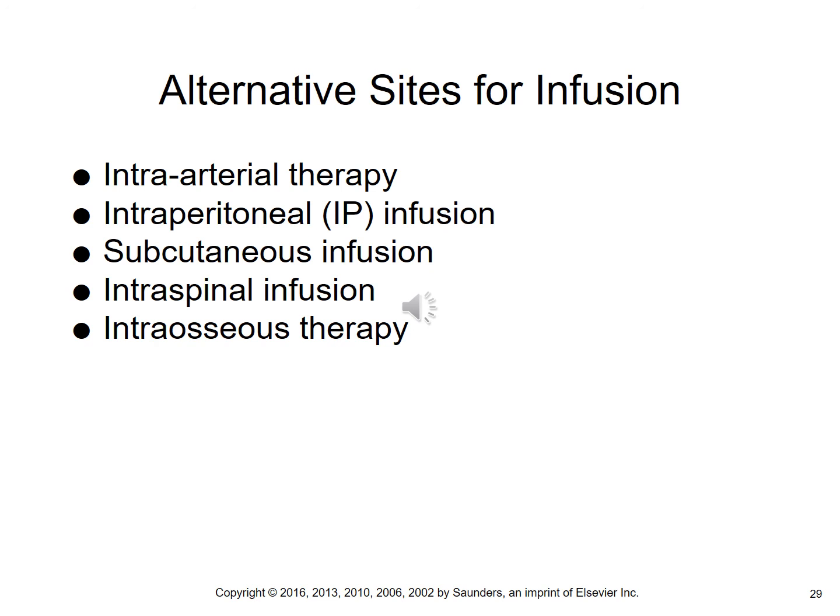The intra-arterial infusion therapy is utilized if a patient needs repeated arterial blood samples. So this is more in your ICU area. And if you need to infuse high doses of chemotherapy, it can be utilized as well. The intraperitoneal infusion therapy is administered for chemotherapy agents.